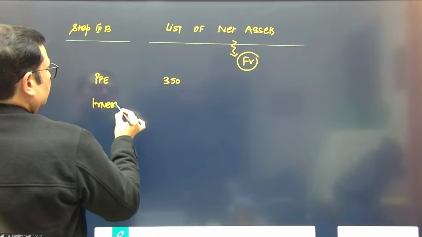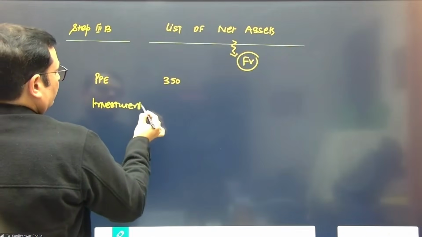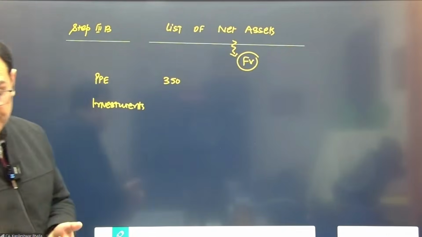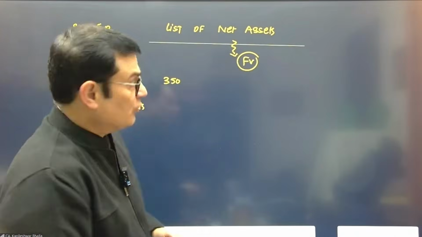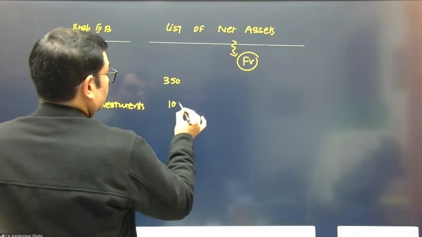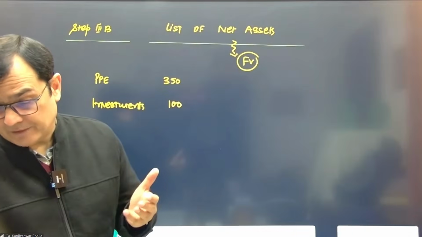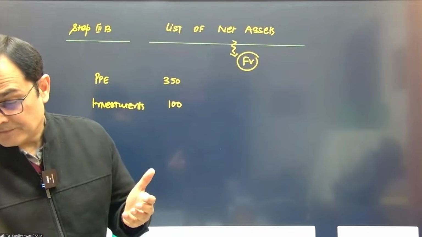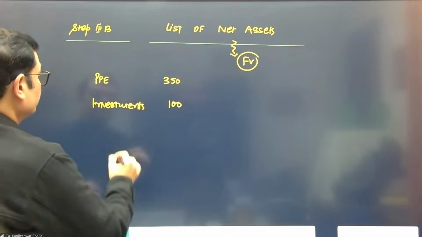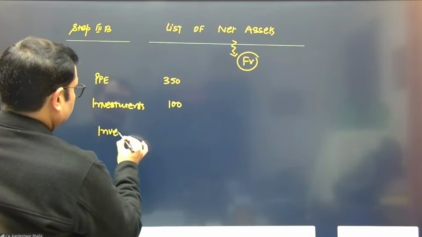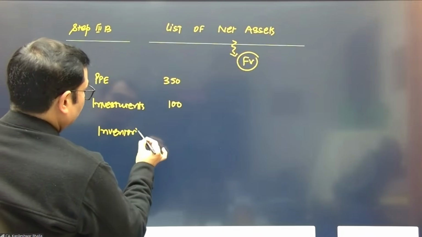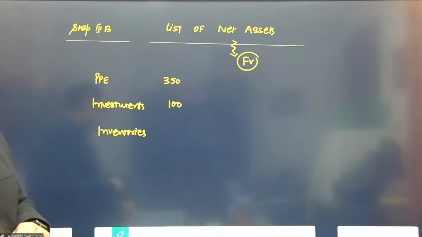Then I've got investments, and the investments are to the extent of 100. I'm just taking the information from the balance sheet, and if there is any fair value, we'll take that. The next item is inventories. This is again taken at book value because we are not given any fair value.